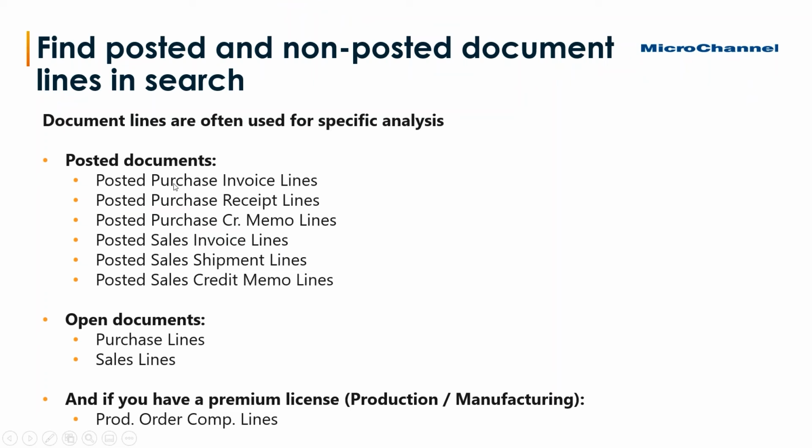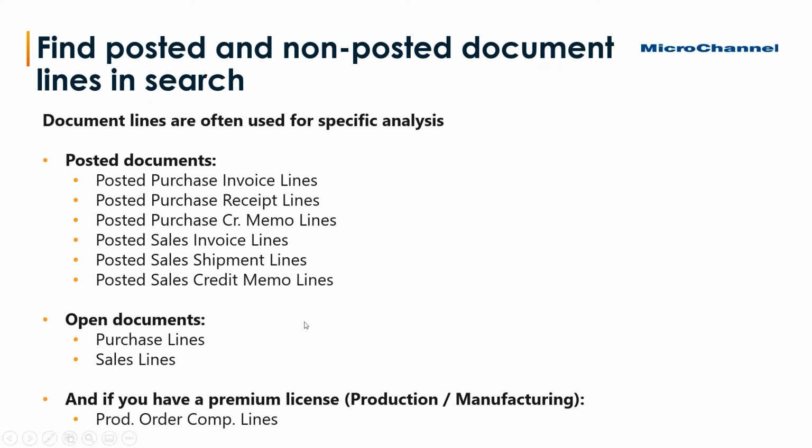So this option is available for purchase lines, purchase receipts, credit memos, posted sales invoices, the sales shipments, and the sales credit memo lines. And again, it's also on the purchase lines, sales lines. So again, while we were looking to see who is going to be buying a certain product, we can check when they're actually coming in, like how many orders I have out there for a particular product item.